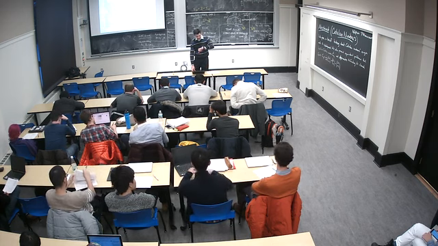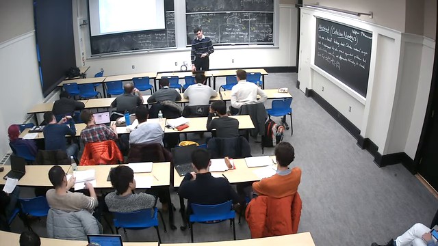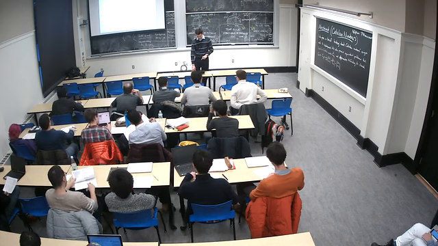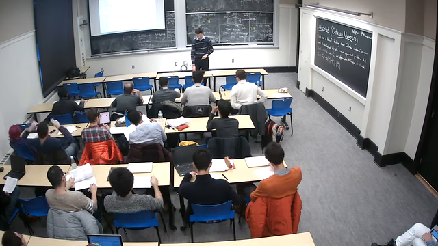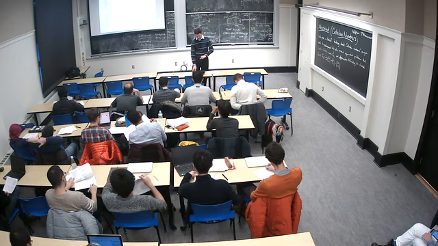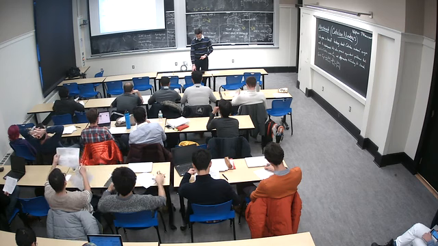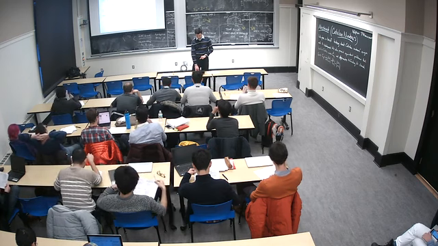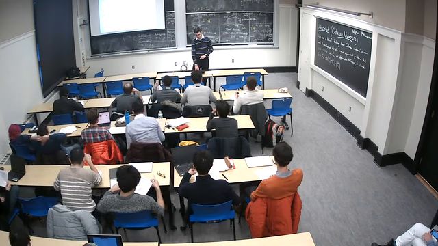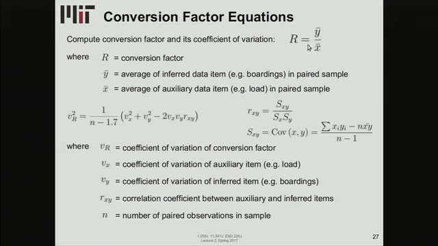Right, so in the interest of time, since I want to discuss the homework, I'm going to stop here with slide 25, and I'm not going to cover the whole process, which includes the monitoring phase. And in this slide here, we have how you establish a conversion factor. The conversion factor in itself has a variance.